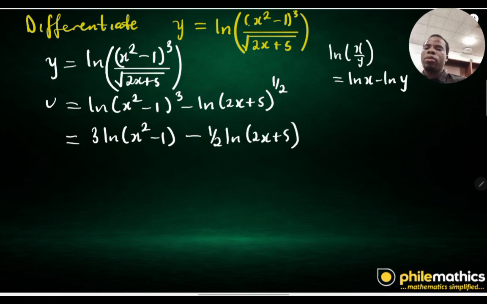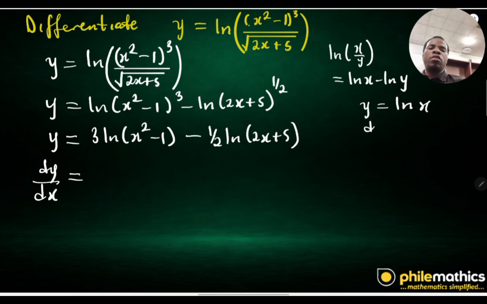Now it's time to differentiate y with respect to x. If you have y as ln x, the derivative of y with respect to x we know is 1 over x. For this case, the inner function is a quadratic expression, so we can differentiate it.